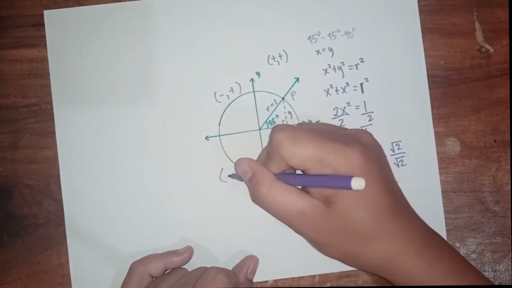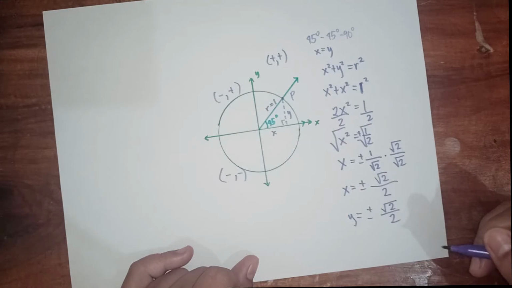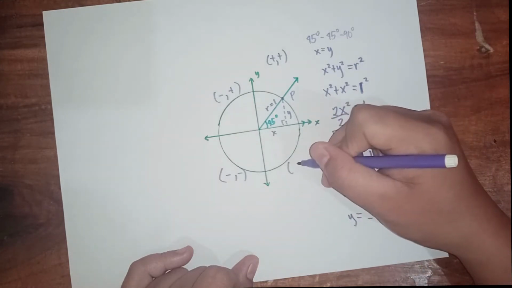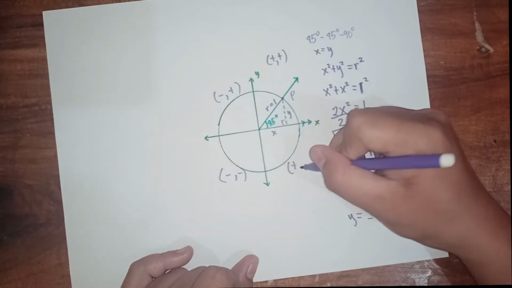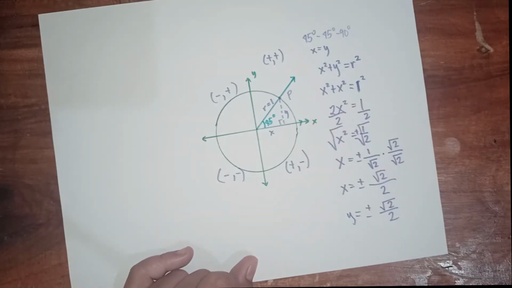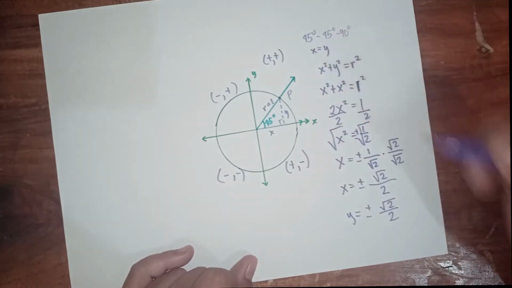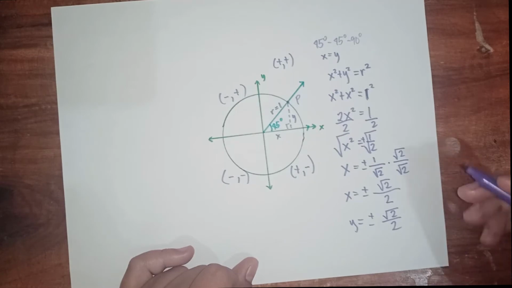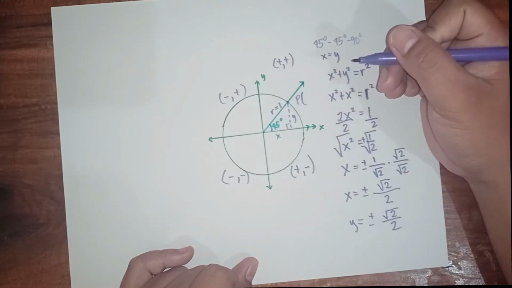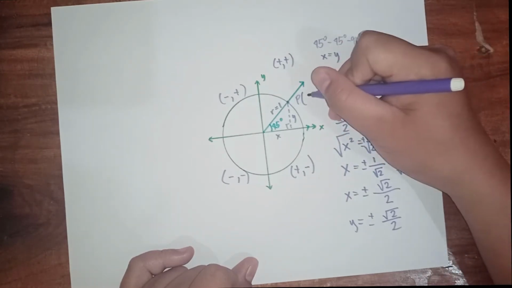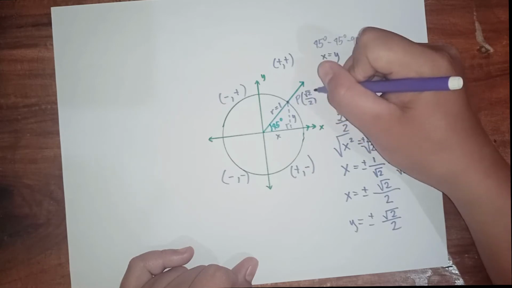Sa quadrant 3, lahat negative. Sa quadrant 4, your x is positive and your y is negative. Since nasa quadrant 1 siya mga boss, lahat ay positive. So therefore, our P here has a coordinate of square root of 2 over 2 and square root of 2 over 2.